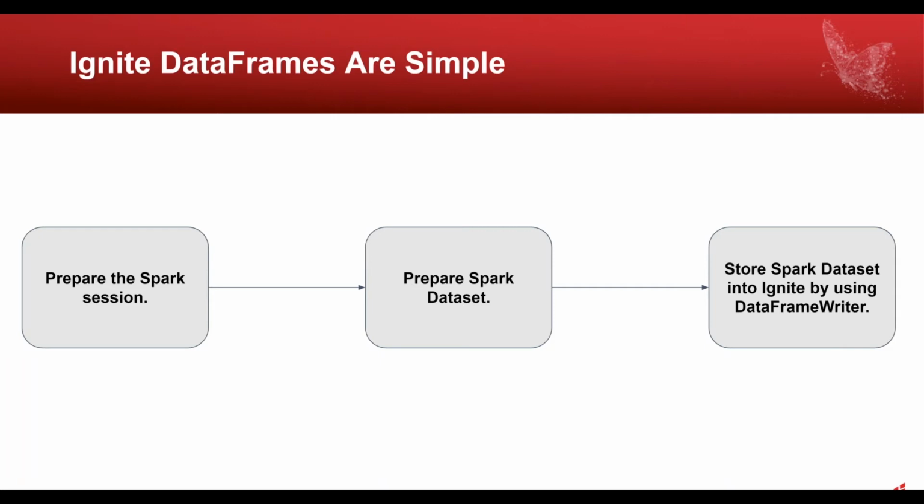And when you create a data set with some model, you can easily store this data set to Ignite using DataFrame writer, or for example, read something from Ignite using DataFrame reader. It's much simpler because you do not need to create any transformation functions this time. Everything will work just using this representation that can be mapped to a SQL table, for example.